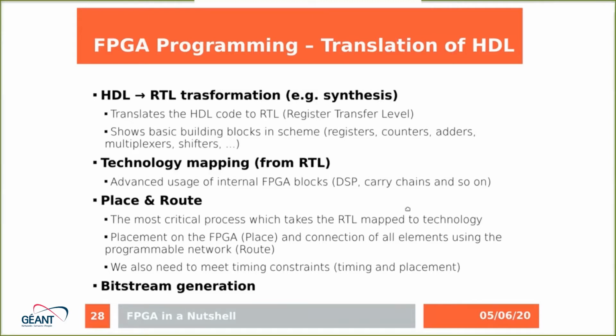So in this phase, the RTL is mapped on basic building blocks of the FPGA. After that, we need to place and route all these blocks together on the FPGA. This step takes the technology mapped RTL, places the identified blocks on the FPGA and connects them together.